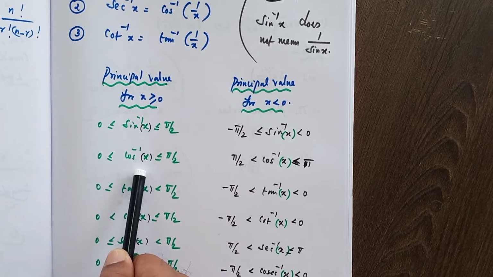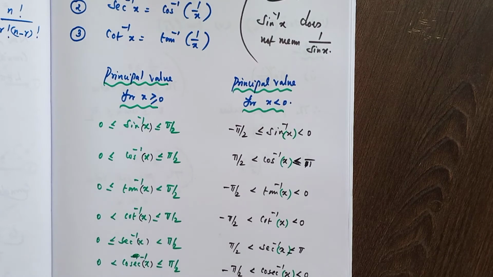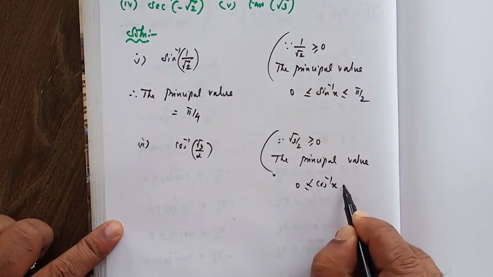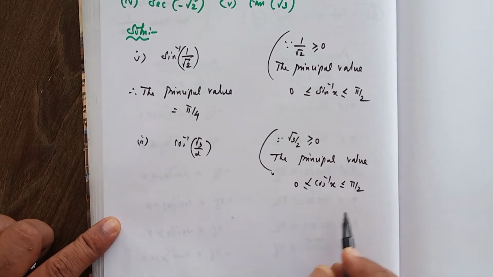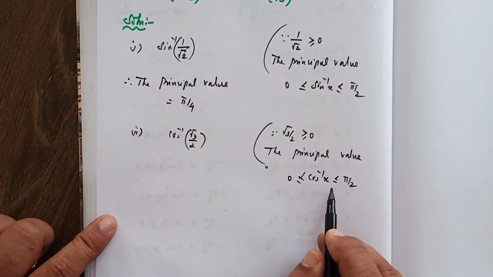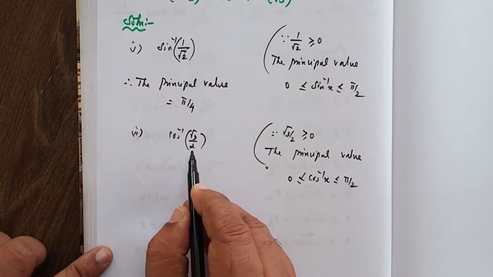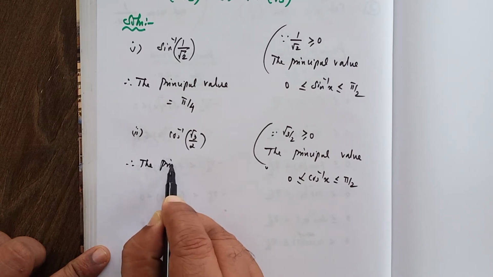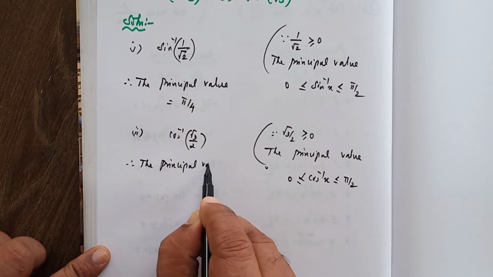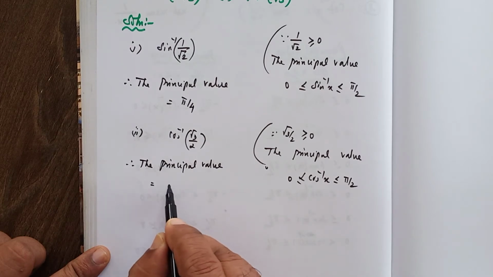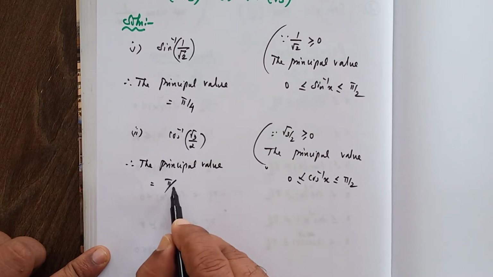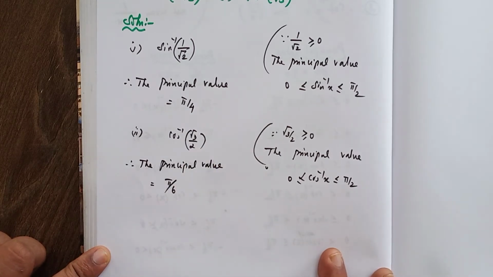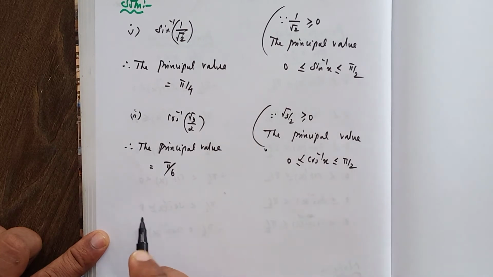Cos inverse of x principal value lies from 0 to pi by 2. 0 less than or equal to cos inverse of x, less than or equal to pi by 2. That is in the first quadrant only. You know that cos 30 degree is equal to root 3 by 2. Therefore, the principal value is pi by 6. That is 30 degree. Cos 30 degree is equal to root 3 by 2. Okay.